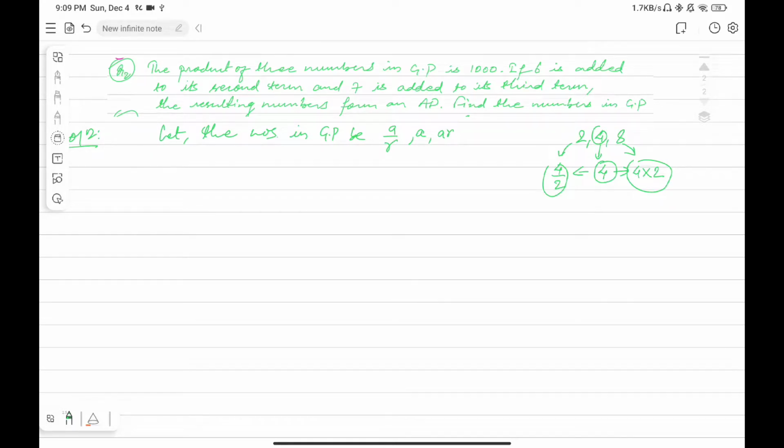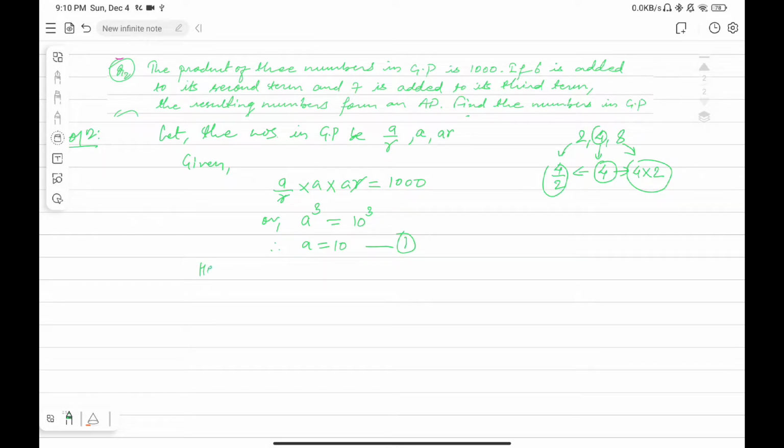So A by R into A into AR equals 1000. Here R is cancelled out and we get A cubed equal to 1000. 1000 being the cube of 10, we get A equal to 10. This is how we find the value of A.